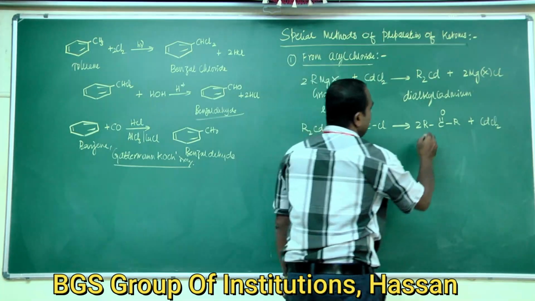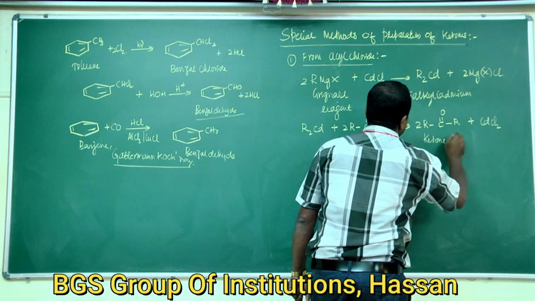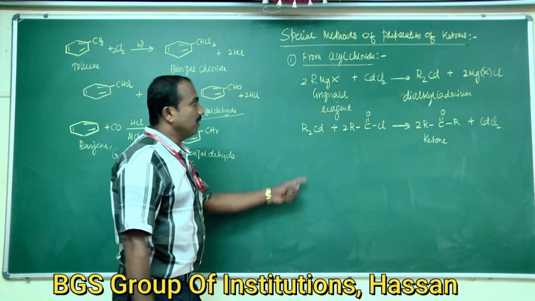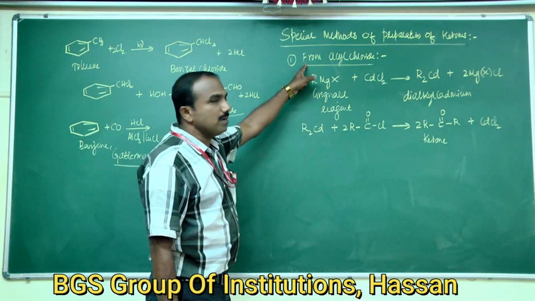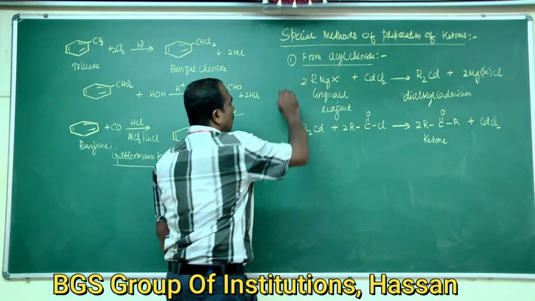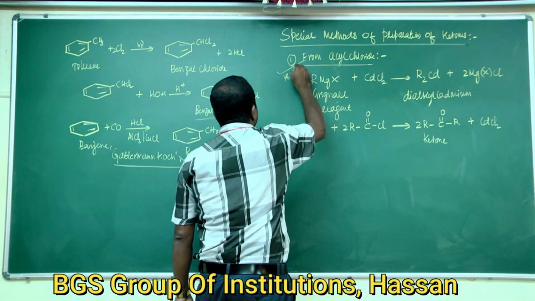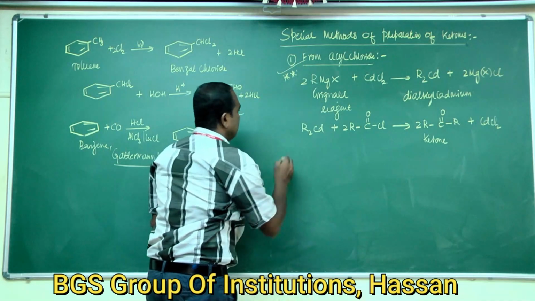This is the ketone. This is how we prepare ketones from acyl halide. This is also very important. So take an example.